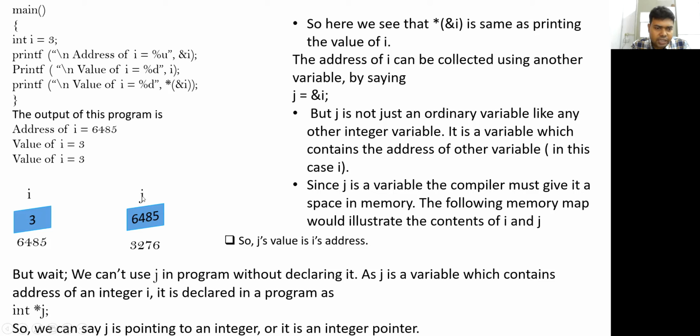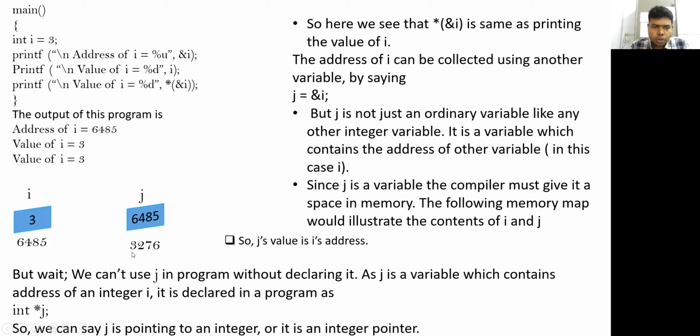As j is another variable, j must need another space where it is going to be stored. So where is it going to be stored? It is going to be stored over here at this memory location 3276. We have arbitrarily chosen this particular memory location, and it can be any memory location.